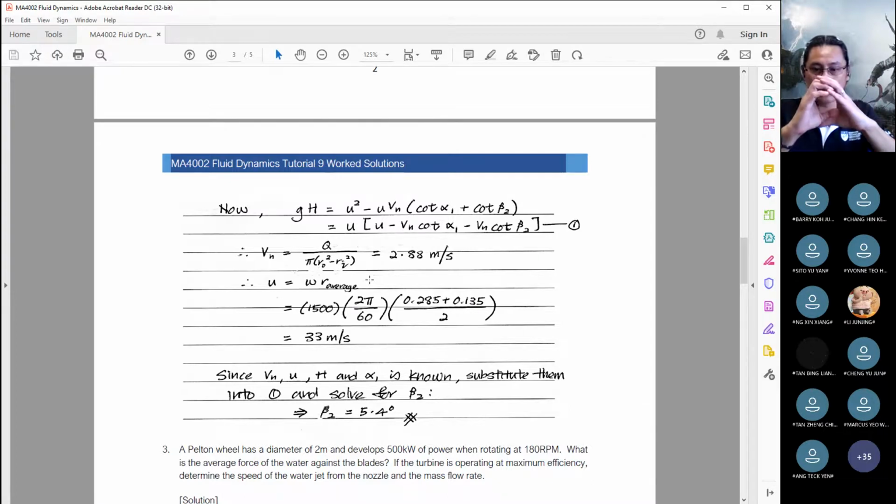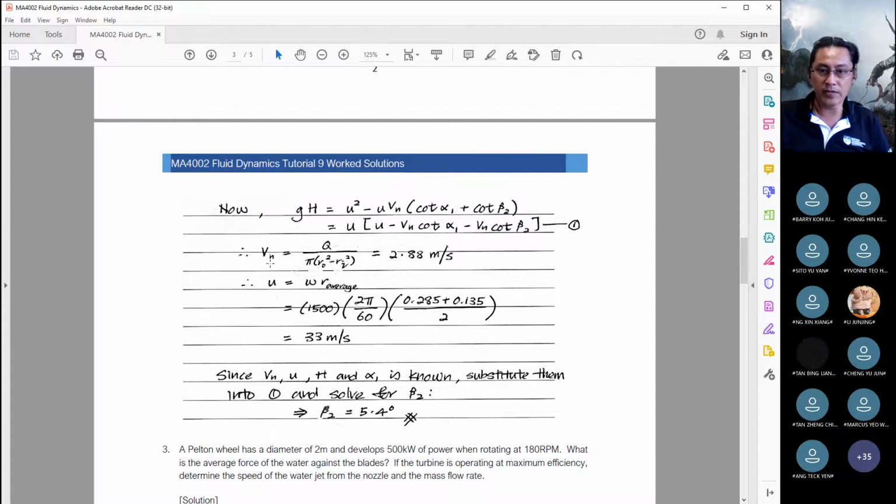The rotor has a hub, so the hub is blocking the flow, isn't it? So we need to find the cross-sectional area based on the impeller's outer radius, minus the cross-sectional area of the hub, because the hub is blocking the flow.